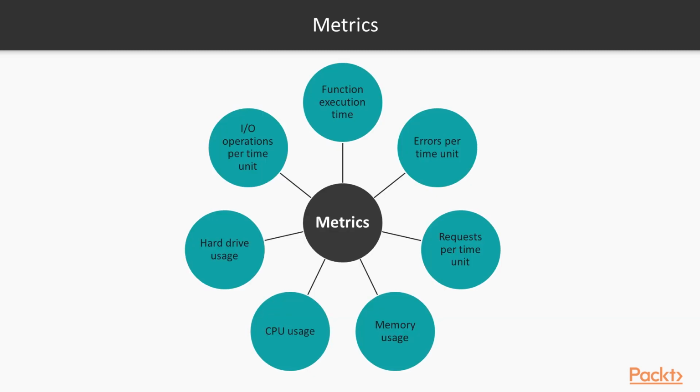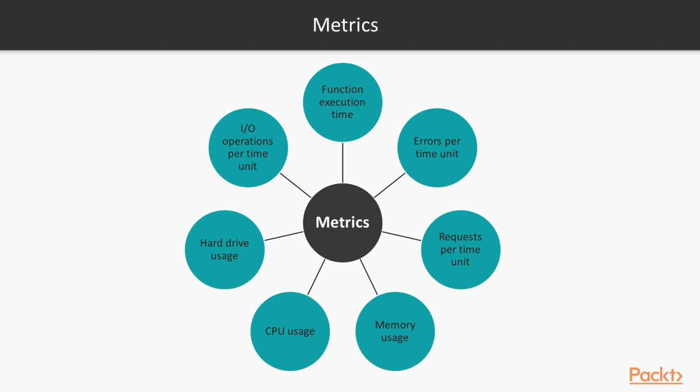Among other metrics, a fairly interesting set of examples are function execution time, errors per time unit, requests per time unit, memory usage, CPU usage, hard drive usage, and I/O operations per time unit. There is an endless number of white box metrics to ensure the stability of our system.